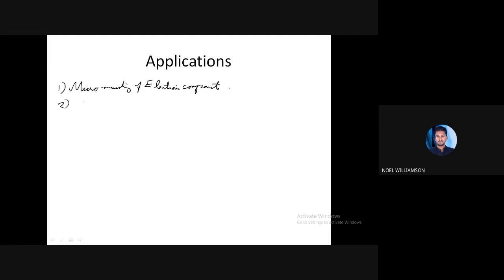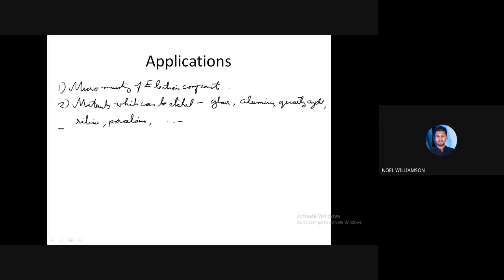Some of the materials which can be etched include glass, alumina, quartz crystal, silica, porcelains, etc., ceramics, oxides, etc. So these types of materials can be etched using IBM.